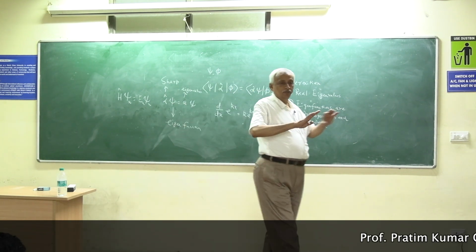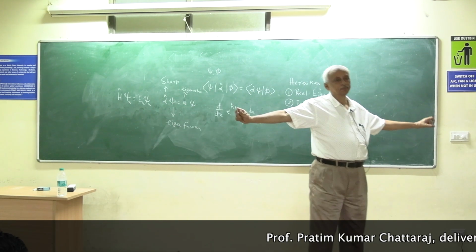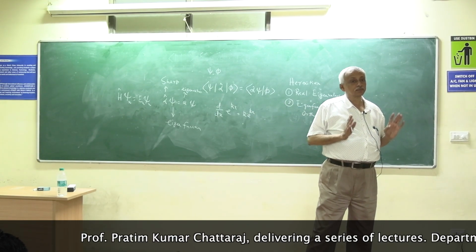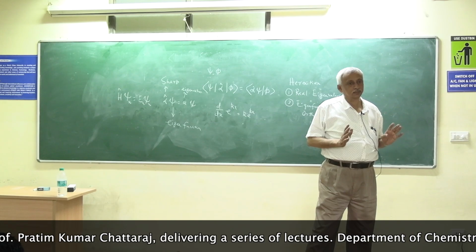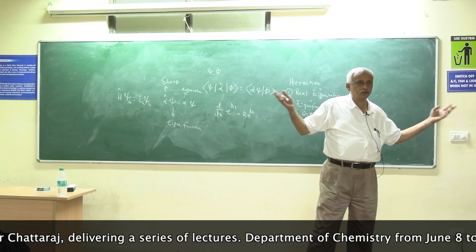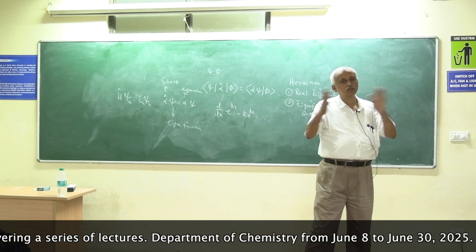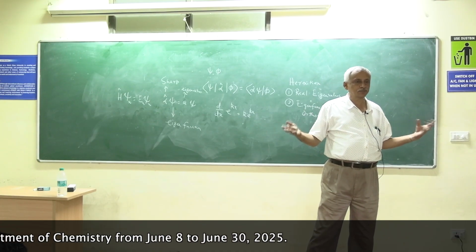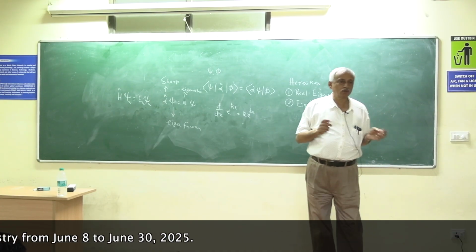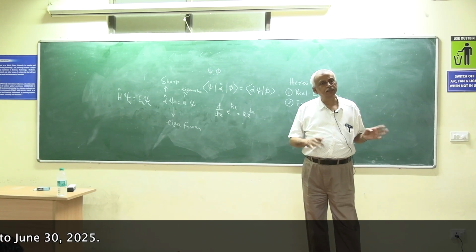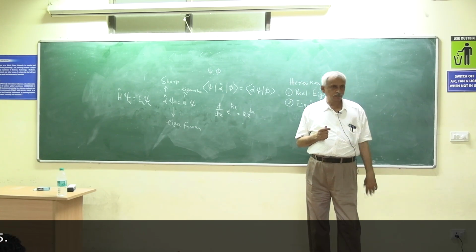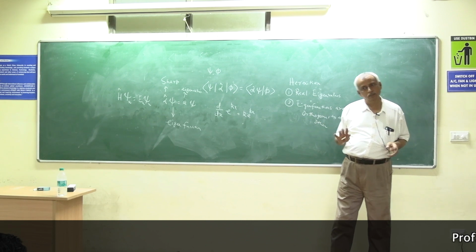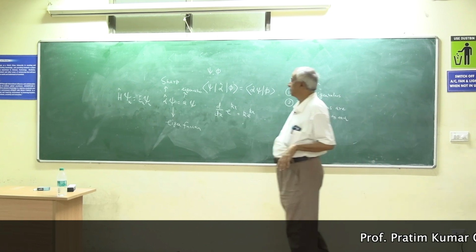If you write the Hamiltonian operator, it would be a differential equation with several Laplacians depending on how many electrons you have. In order not to complicate our life, we will go to something else, because we have already developed the mathematical acumen to solve it in a different fashion. If you know different mathematical techniques, you can go back and forth from one to the other and solve it. Okay.